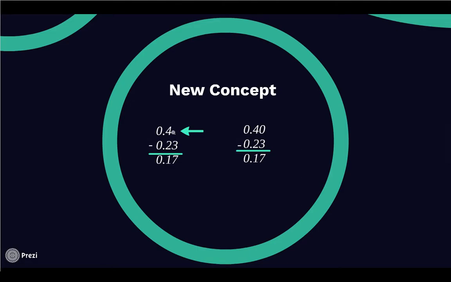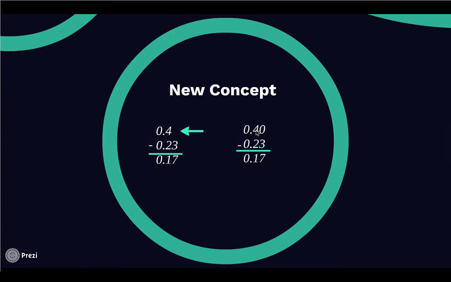When you subtract decimal numbers, you have to have the higher number on top, and then we need to add a zero in there as a placeholder. There is a zero in there, but when we write 0.4, it appears that there's no zero. So in this case, we're going to add a 0 to it. And then we can subtract.